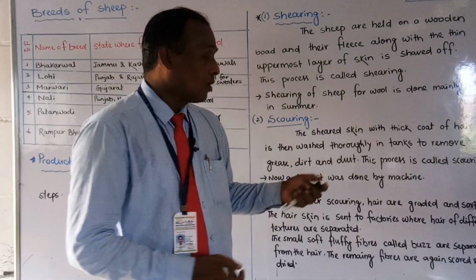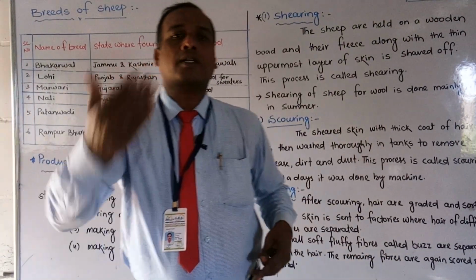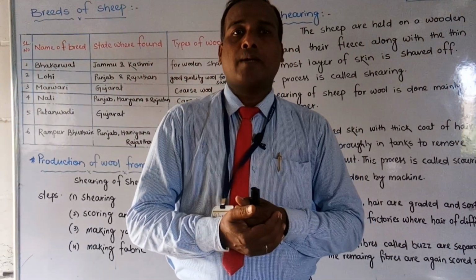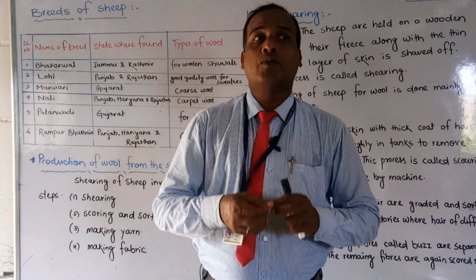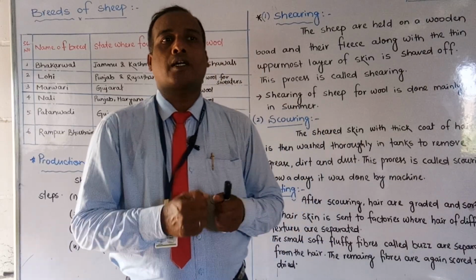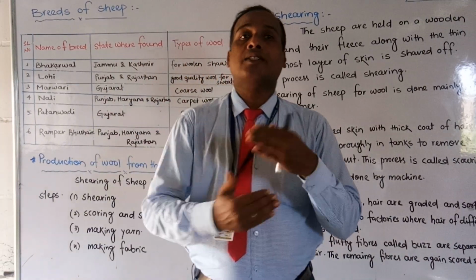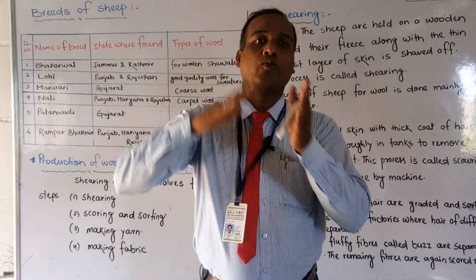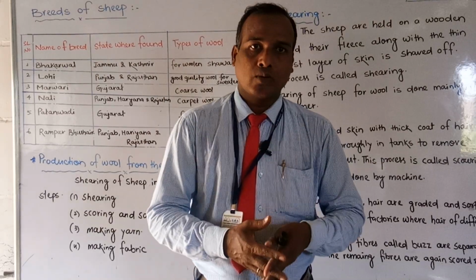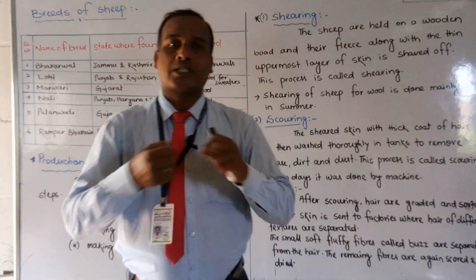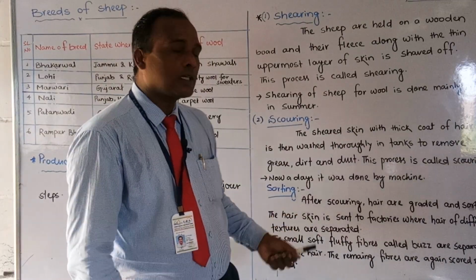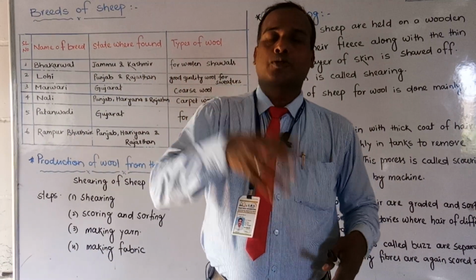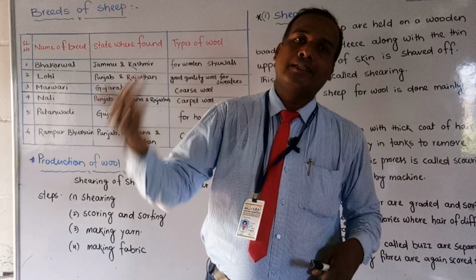Likewise, after scouring we have to determine how long the fibers are, how strong they are, and what the quality is, and grade them. So you have to send them to factories for gradation. Then we have to remove the small unused things and clean it again thoroughly.